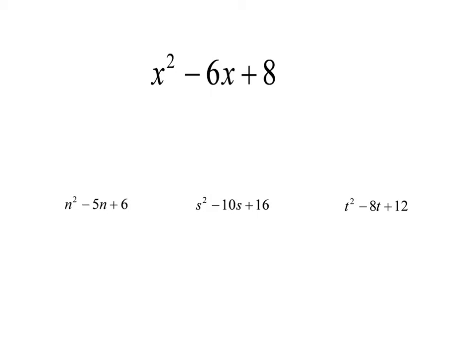So, how are we going to do this? Just like we saw when everything was positive, this last number is a product, and the middle number is a sum, just like we saw in class today.